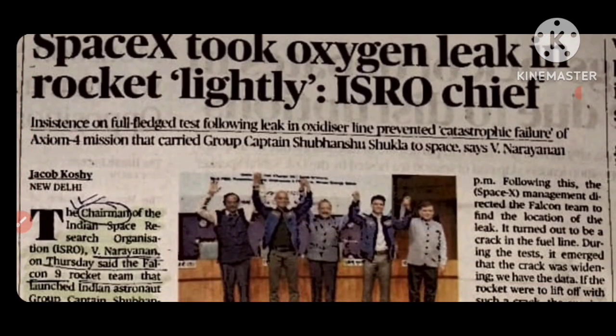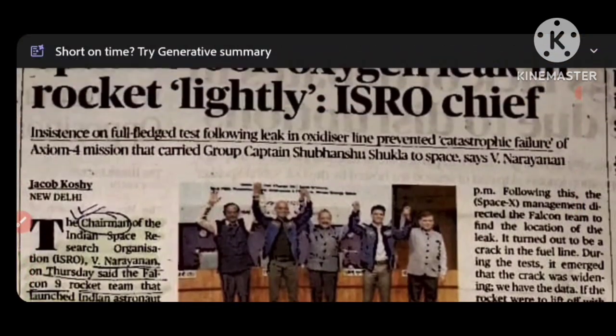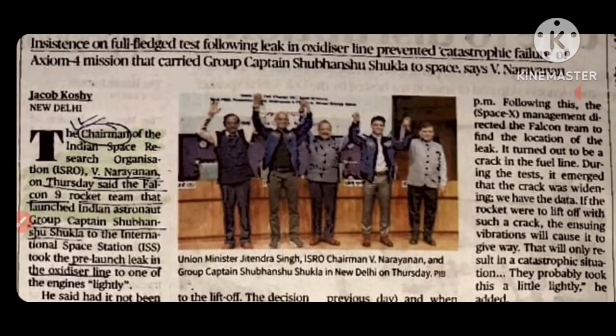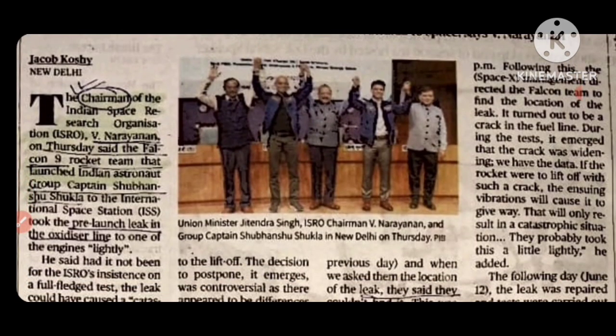Then SpaceX. I took out this news article basically to tell you that the chairman of ISRO is V Narayanan. Whenever you are reading the newspaper, always keep these points in mind, because even in PCS exams they may ask such questions, okay? UPPCS or BPSC, these questions can be asked: who is the chairman of ISRO, who is the chairman of DRDO.